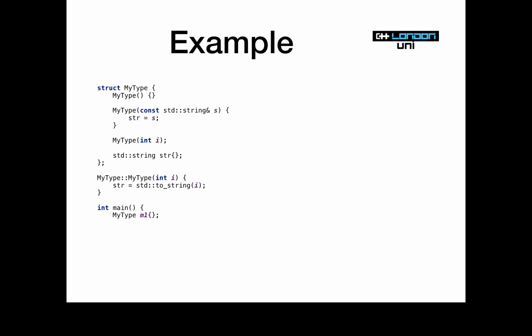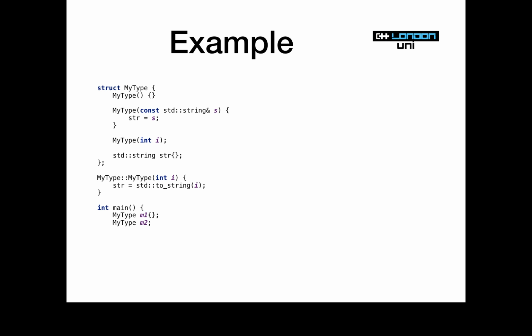This is a bit trickier. So now I've just said my type M2 and haven't put anything there. So what's going to happen here? Okay, that doesn't give any argument.